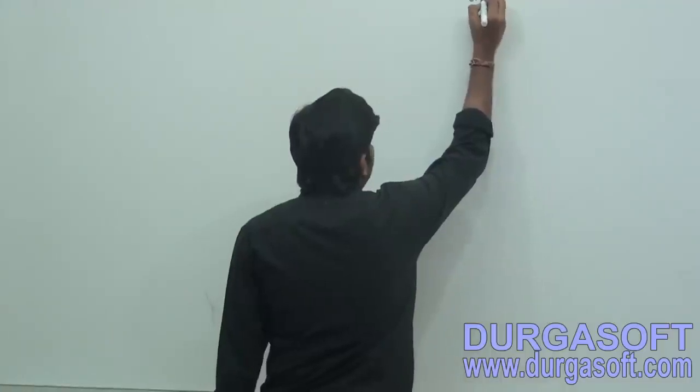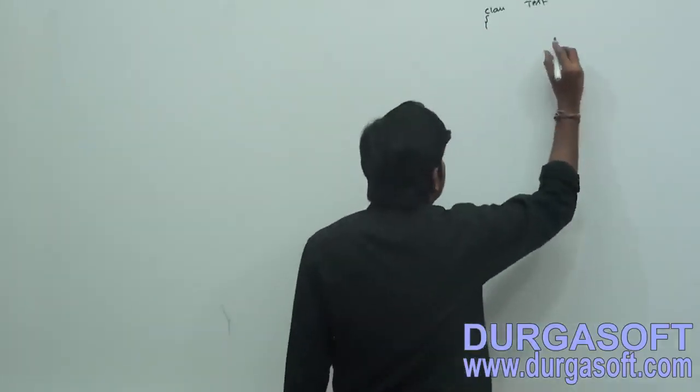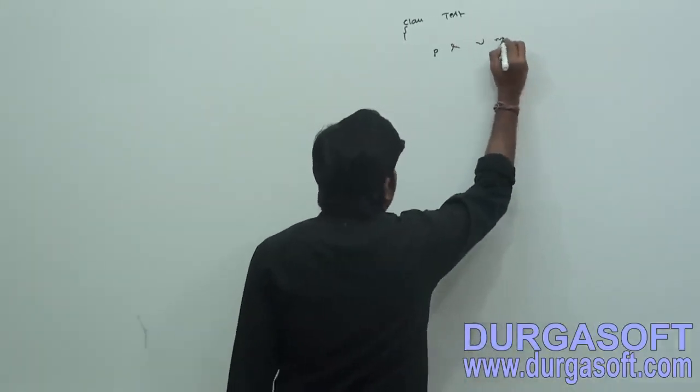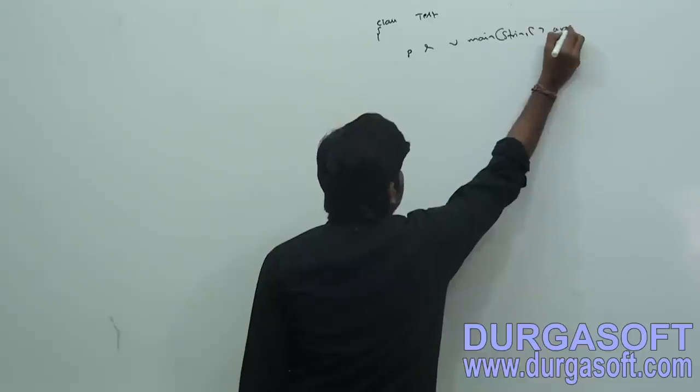Okay, just observe this one. I am taking class Test, and here just observe public static void main method string array args.